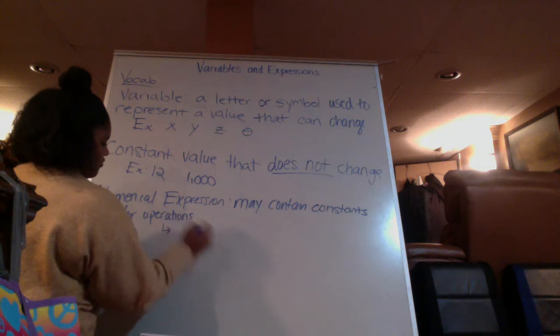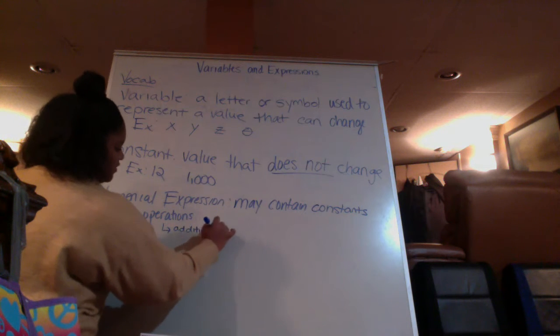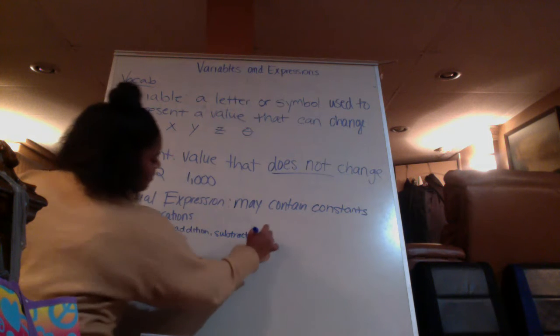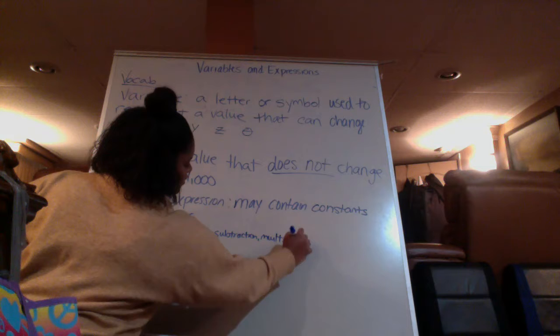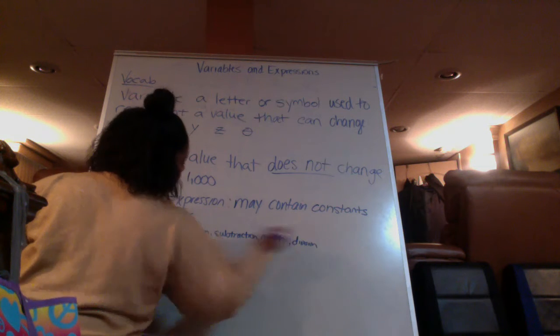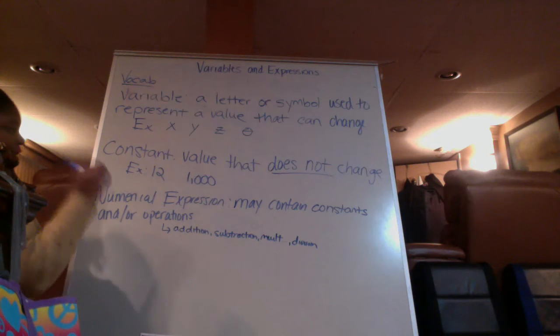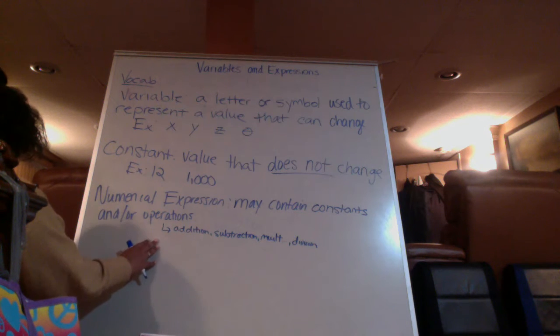Operations is just the general term for addition, subtraction, multiplication, and division. I didn't feel like writing that out, but you understand. So a numerical expression may contain constants and/or operations.